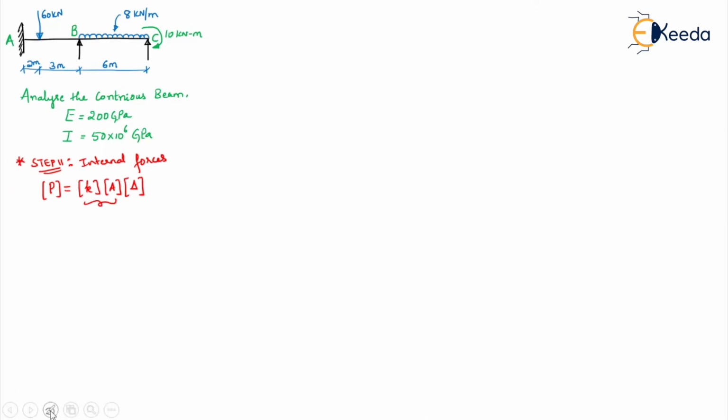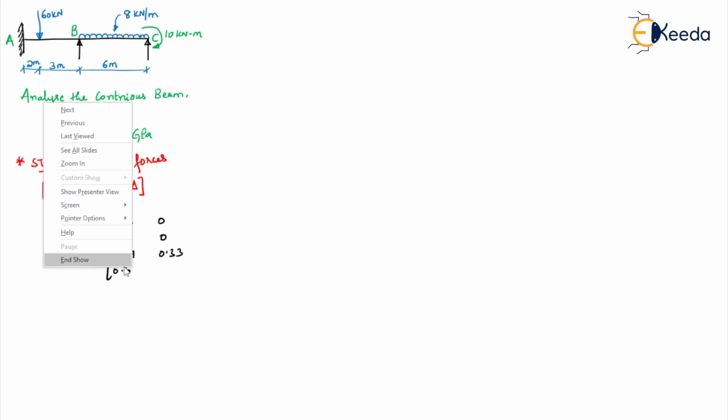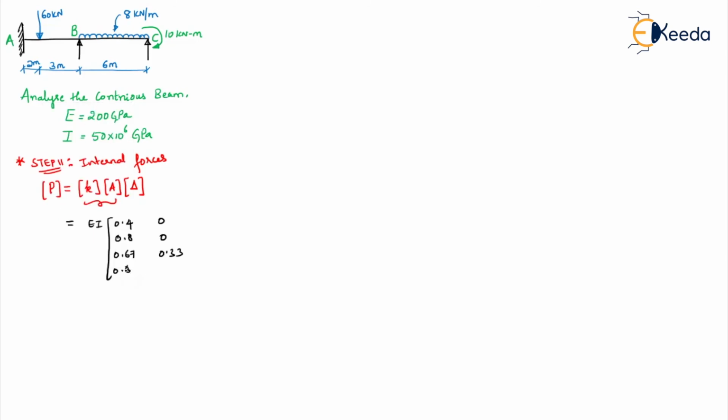So what is this value, K into A? It's EI into 0.4, 0.8, 0.67, 0.33, 0.6, 0.33 and 0.67.